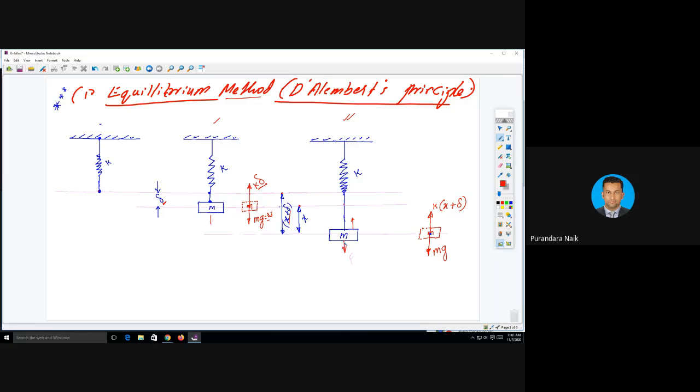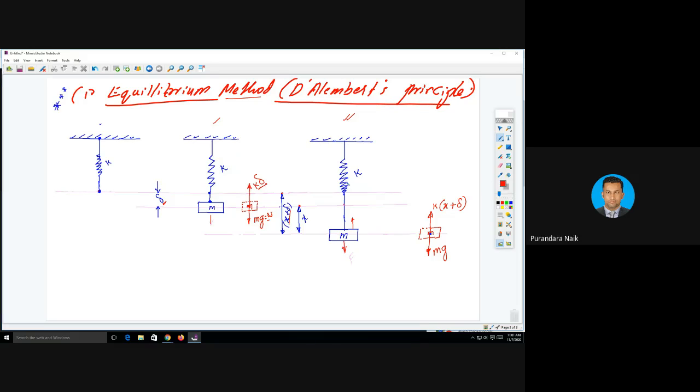While moving in the upward direction, there will be acceleration. You know what is displacement, velocity, and acceleration? Displacement is the distance traveled by the body. Velocity is the rate of change of displacement. Acceleration is the rate of change of velocity. The mass will be moving with acceleration, not with constant velocity.